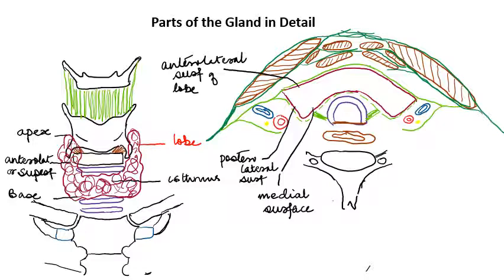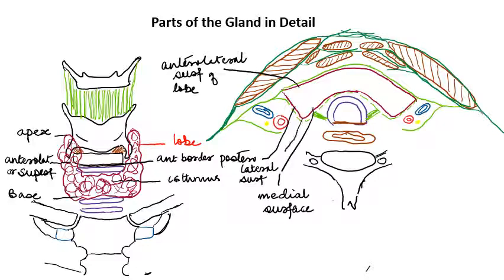Okay, now come to the borders. The borders always separate the surfaces. So this out here is the anterior border. The anterior border separates the anterior lateral surface from the medial surface, which is facing towards the laryngeal cartilages and the trachea.